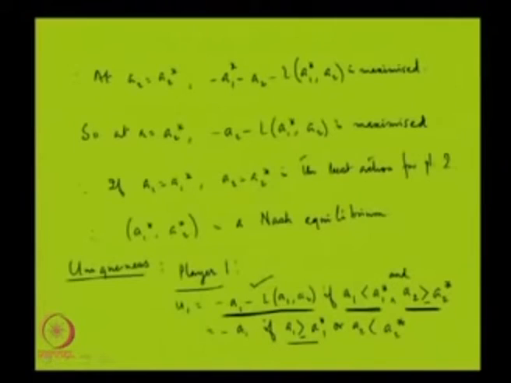So, if A2 is greater than A2 star, A1 cannot be more than A1 star, because if it is more than A1 star, this becomes operative, in which case the optimal action for player 1 is A1 star.